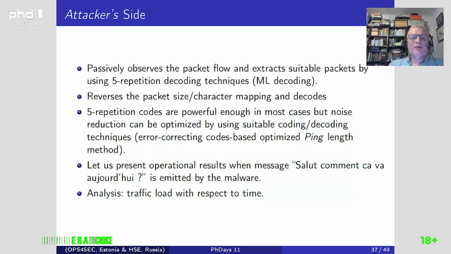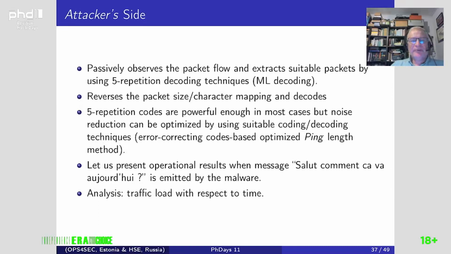On the attacker side, we passively observe the packet flow, we extract suitable packet sizes, and we use maximum likelihood decoding due to the 5 repetition code. And of course, we decode once we have this.